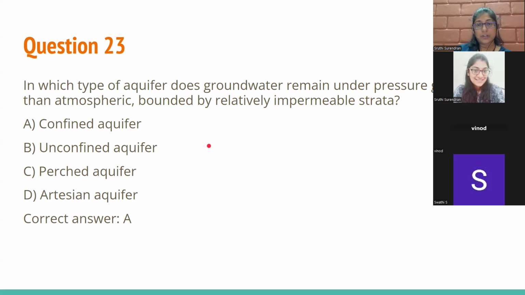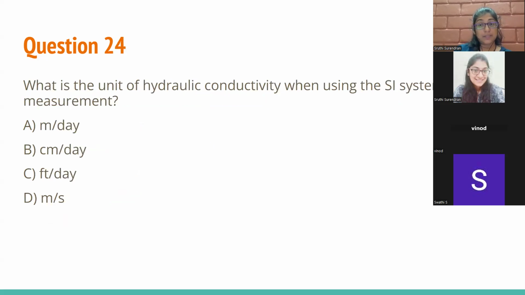What is the unit of hydraulic conductivity when measured using the SI system of measurement? All of these units can be used, but what is the unit when it comes to the SI system?